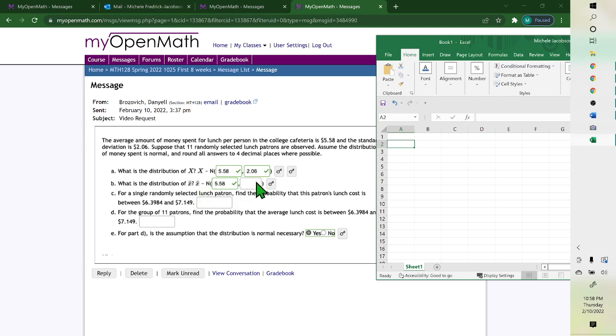To find the sample, it is the standard deviation divided by the square root of n. So it would be equals standard deviation 2.06 divided by the square root, there's square root, of your sample size, and this was 11.